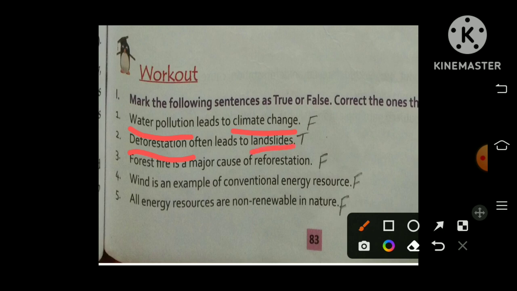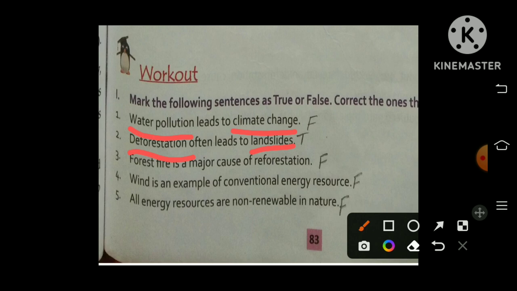Deforestation means cutting down of trees, and landslide means the sudden fall of mass of earth, rocks, etc. down the side of a mountain. Okay, so that is why deforestation often leads to landslides.